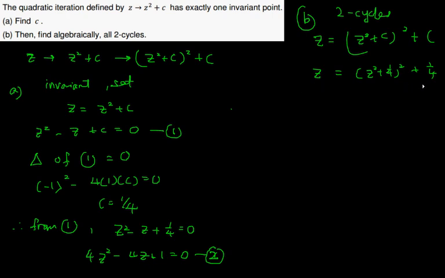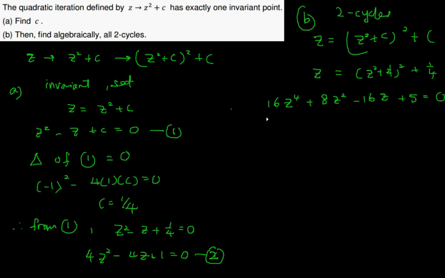If you expand this properly and correctly, and multiply across by 16, you should get a nice equation which looks like this: 16z to the power 4 minus 16z plus 5. So you need to do some work. I'm racing ahead without doing those algebraic expansions and manipulations.